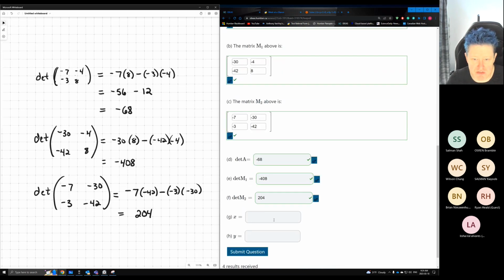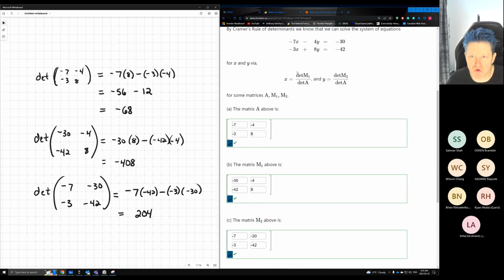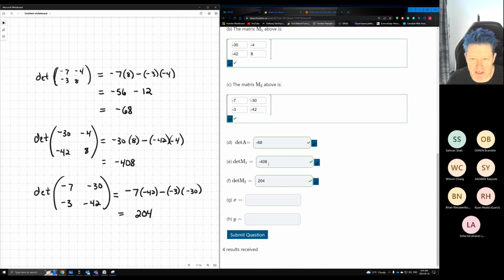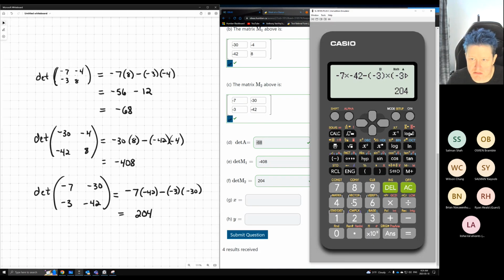All right, the last thing to do is find X and Y. Well, remember, according to Cramer's Rule, the determinant of M1 divided by the determinant of A is X. So that will be -408 divided by -68, which happens to be 6.